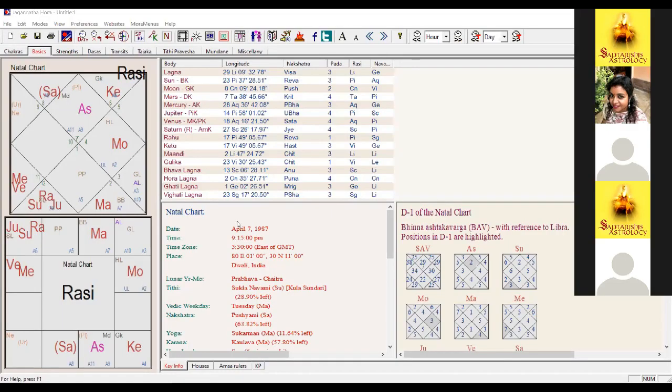So first we will see the nakshatra thing. Let's take any planet, for example, let's say Mercury. Here Mercury is located in Purva Bhadrapada Nakshatra.